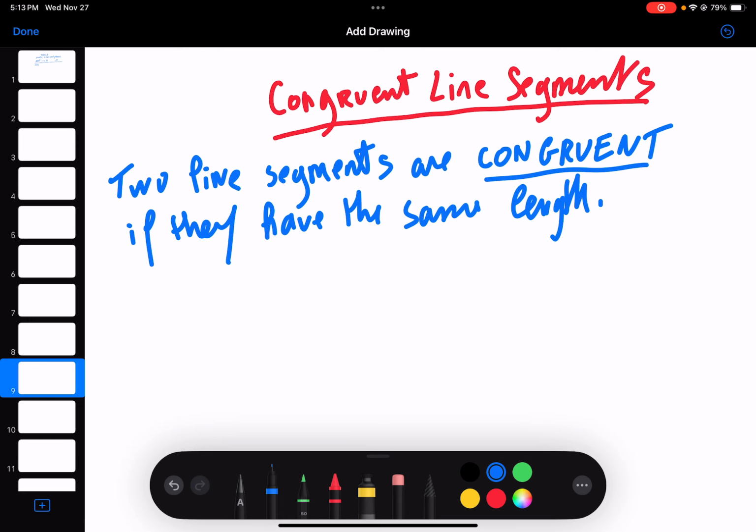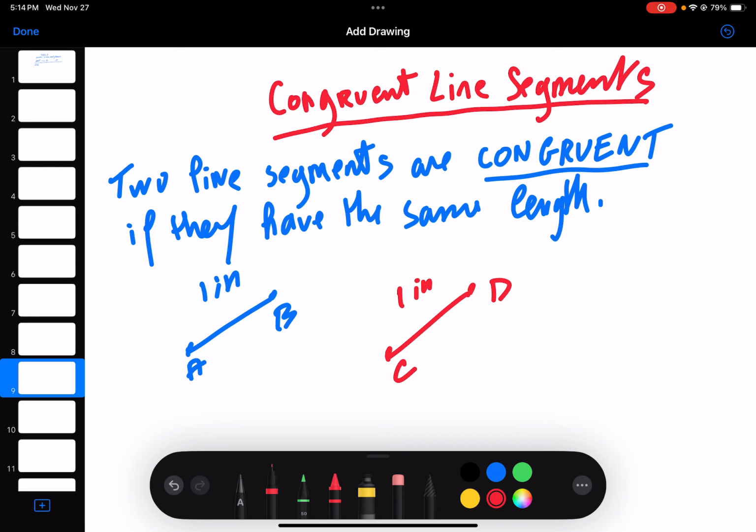Simple enough. So let's say we have line segment AB and it's 1 inch long, and we have another line segment, let's say CD, and it's also 1 inch.